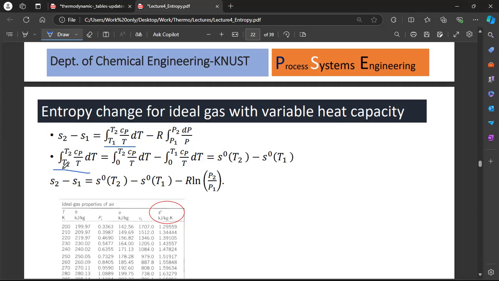Instead of me taking it from T1 to T2 directly, I can represent it with 0 to T2 minus 0.